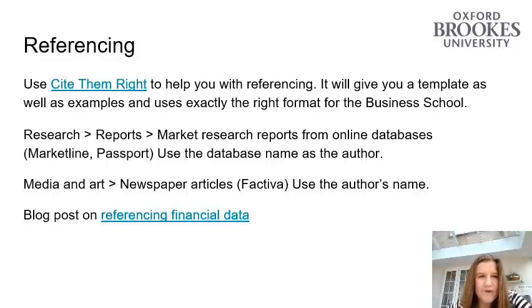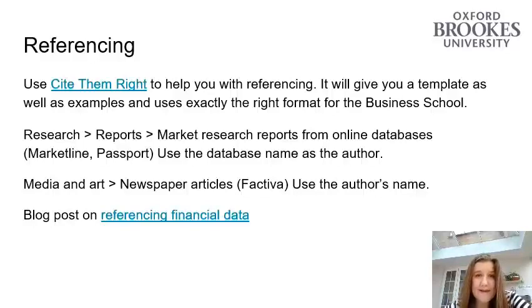If you look under research reports and market research reports from online databases, that's where you'll find the format for referencing MarketLine and Passport. Under media and art and then newspaper articles, you'll find the format for referencing articles that you found from Factiva. And there's also a slightly different format for magazines.